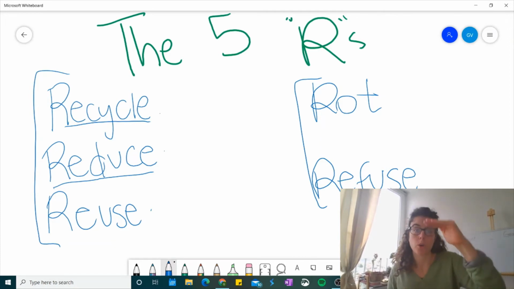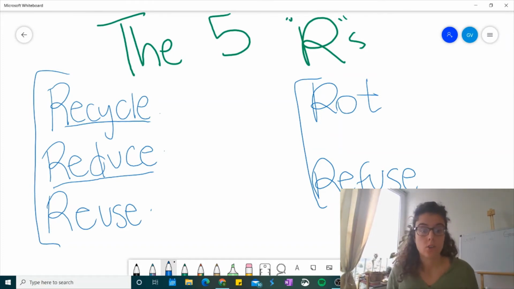So I want to go lower. I want to go down. So when we reduce, when we have objects that are like plastic or things that aren't good for recycling, we don't want to use a lot of them, right? So we want to reduce things that we use that cannot be recycled.